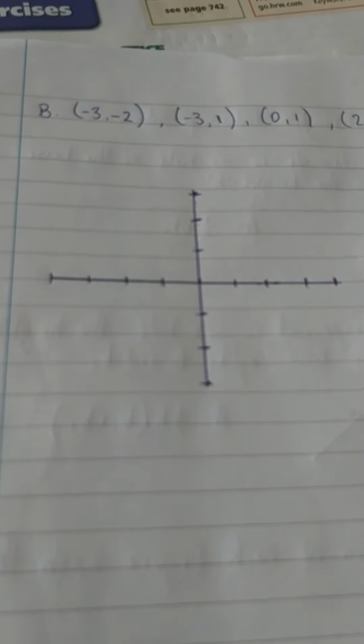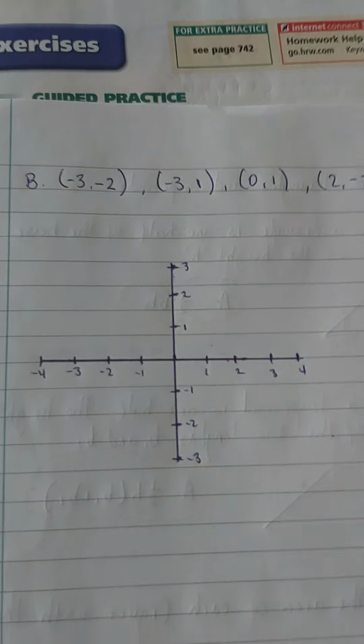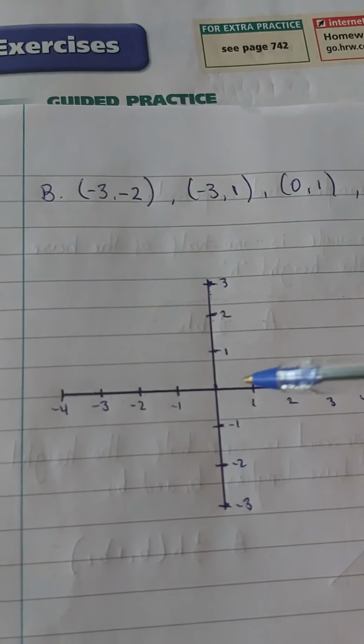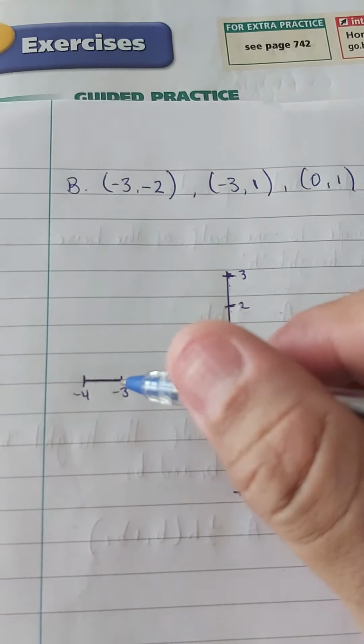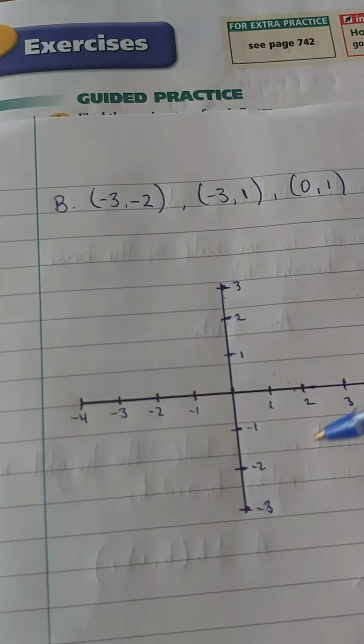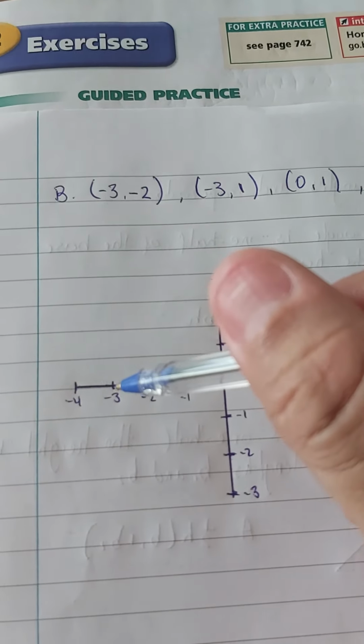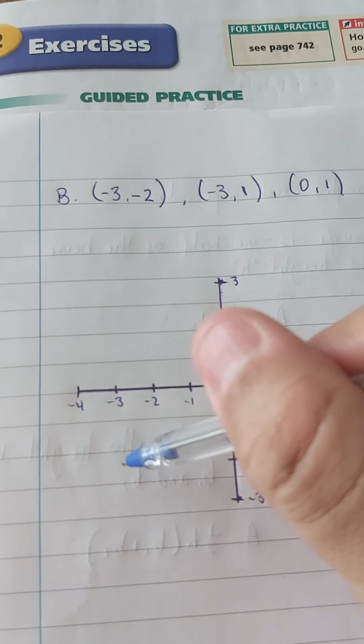Excuse me, wait, I forgot to write the numbers. Hold on. Okay, now, there we go. x is -3, y is -2. So (-3, -2), right here.